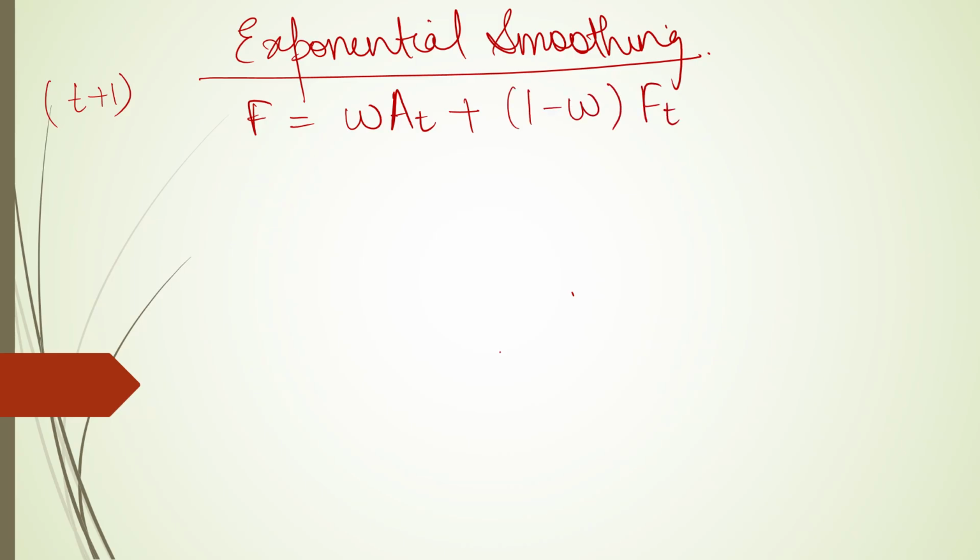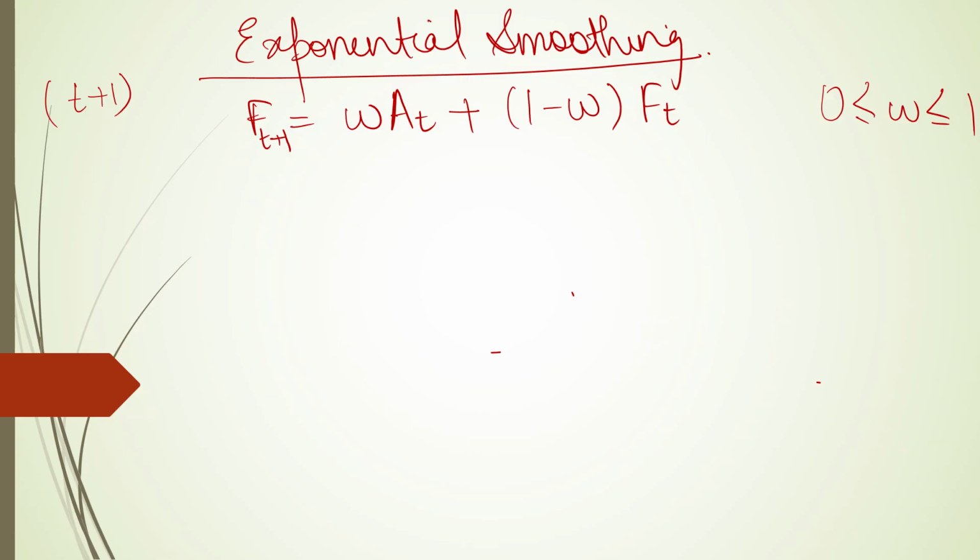W is given to you in the question. A of t is the actual value of the time before that, and 1 minus W is multiplied with the forecasted value of the previous time. This W will always be between 0 and 1. As W approaches 1, more recent observations are given greater weightage.